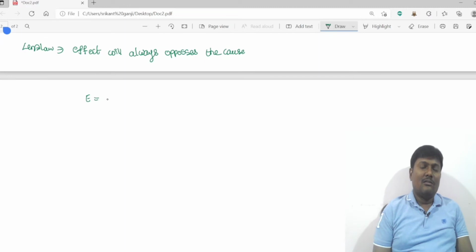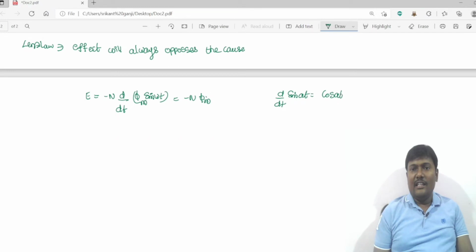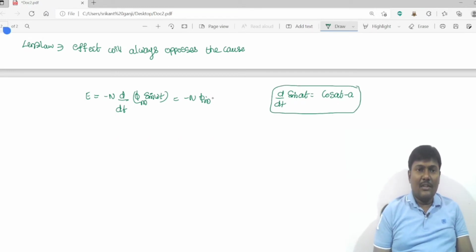E is equal to minus n into d by dt of flux, which is phi m sin omega t. So minus n into phi m into d by dt of sin omega t, which is equal to cos omega t into omega.